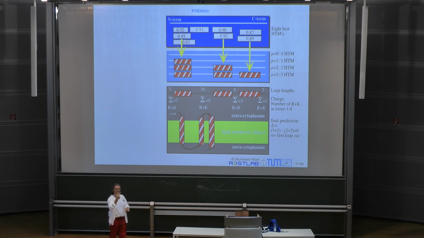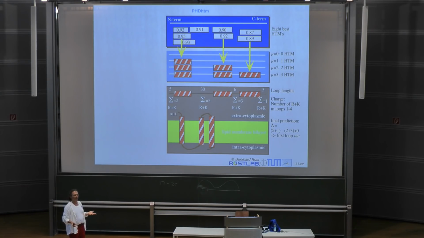If I have 2, I take the best and the second best. And they happen to be left, so number 1 and 2 in this drawing. If I predict that there are 3 transmembrane helices, I take the best, the second best, and the third best. You simply have 3 here only because you inherit the best. The best is always the best.